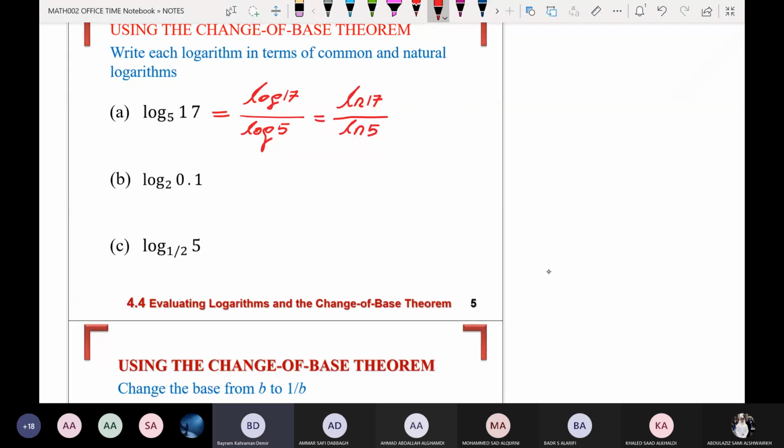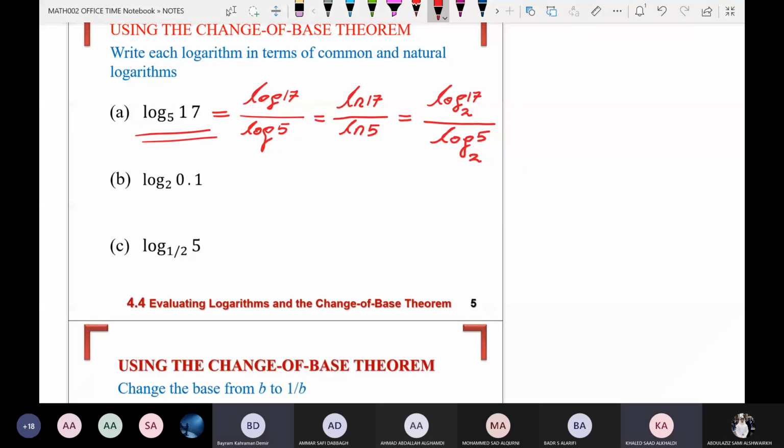It is equal to logarithm of 17 base 2 divided by logarithm of 5 base 2. So you notice, everybody, these are three fractions. They are all equal, Shabab, because they are all equal to the logarithm of 17 base 5.